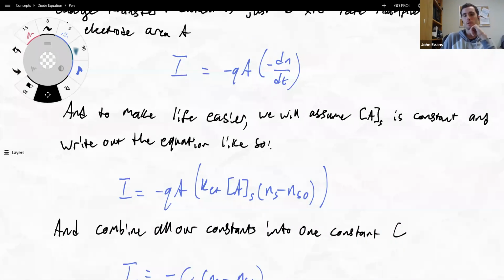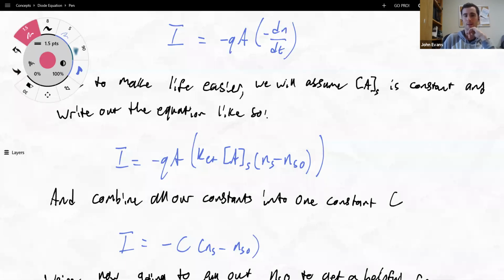And then we are going to assume that our concentration of A is constant, which we can because we're assuming that the number of electrons at the surface is much, much smaller than the concentration, which we have shown in problem sets and in lectures is generally the case. And thus, we can write this out a little bit more. So we are going to expand this expression up here to its larger form. So we now have the fundamental charge, we have the reaction rate constant, k_ET, we have the concentration of A at the surface, and then we have our surface electron concentrations.